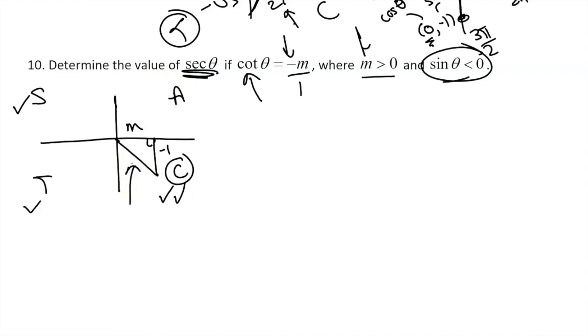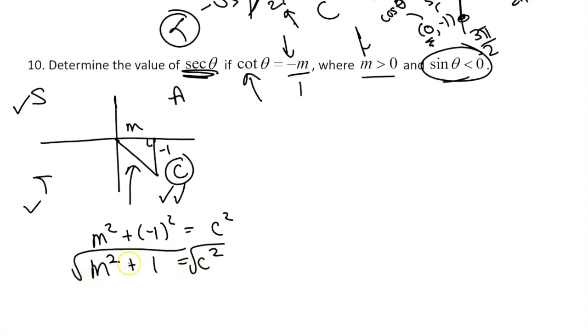So what we have to do is we have to do Pythagoras with m and with negative 1. So we could say m squared plus negative 1 squared equals, we don't know, c squared. m squared plus 1 equals c squared. Square root both sides. And the square root of m squared plus 1 is going to be our hypotenuse.